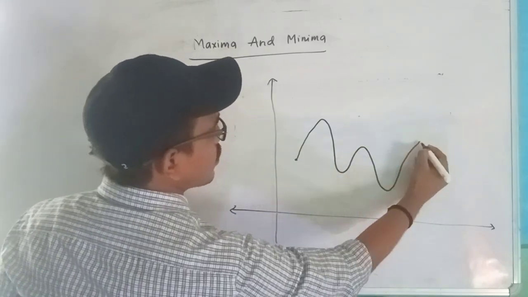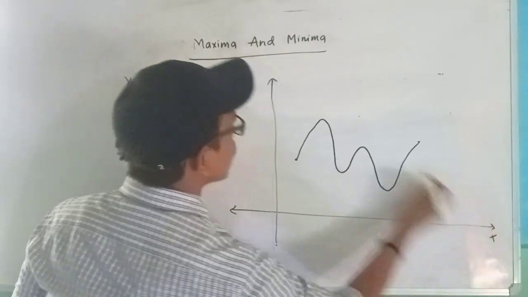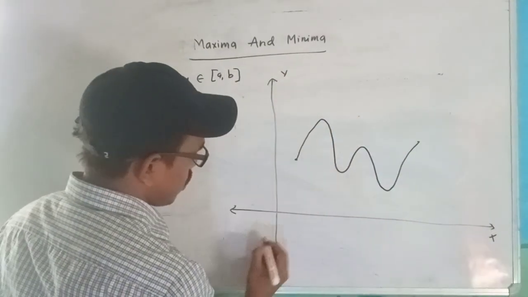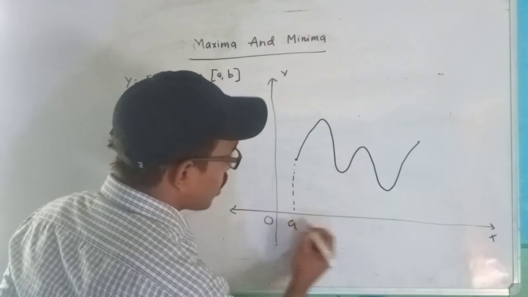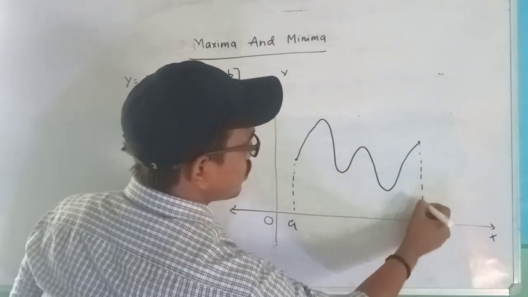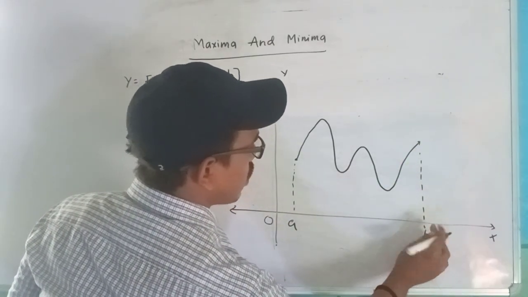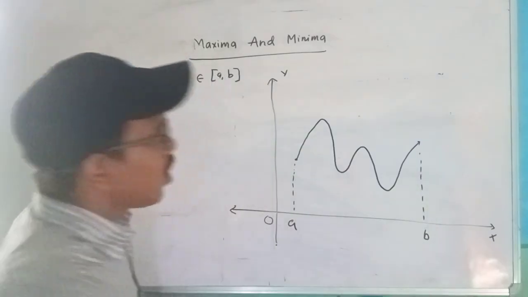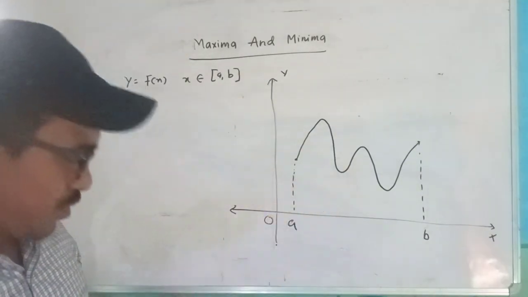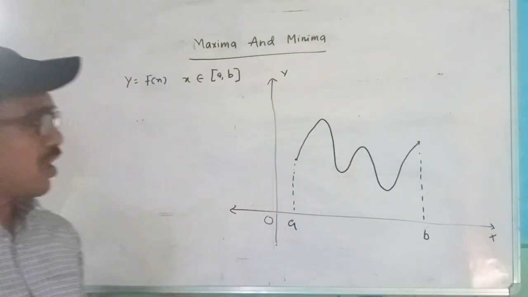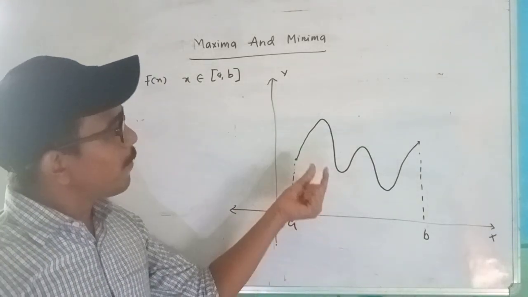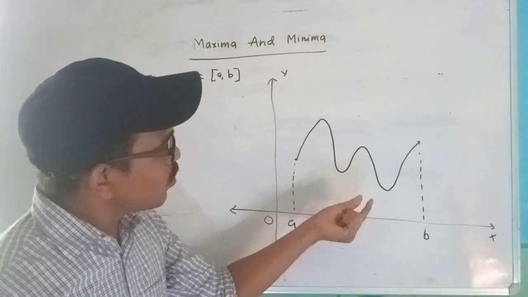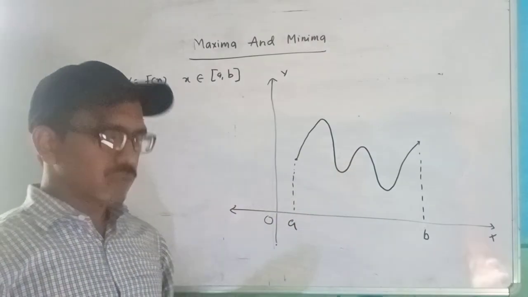This is the y axis, this is the origin, here point A, point B. Now, what do you observe in this graph? There are certain points where the graph attains a maximum value, and certain points where it attains a minimum value.